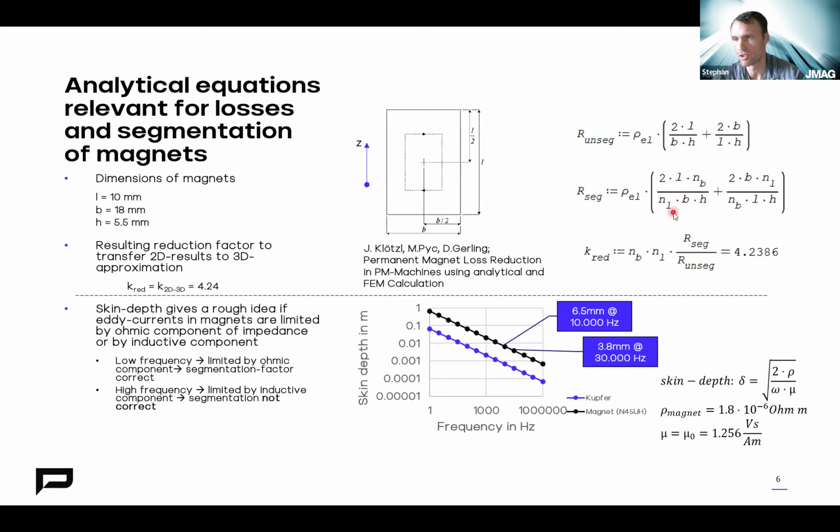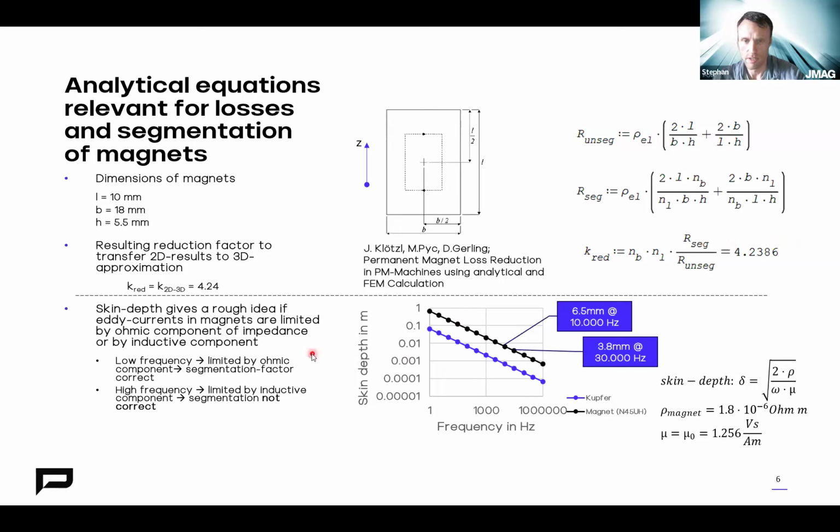And that's the approach of how one can calculate the 2D FEA results to a 3D value of the eddy current loss. And that's in the end the factor I will always use for the recalculation of the FEA simulated 2D losses.